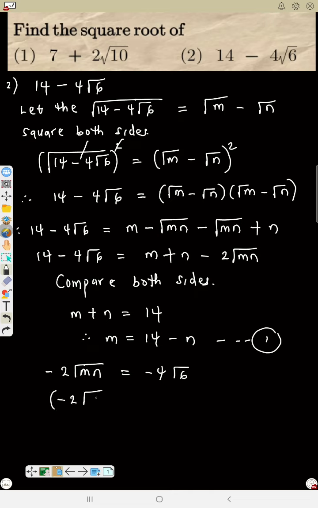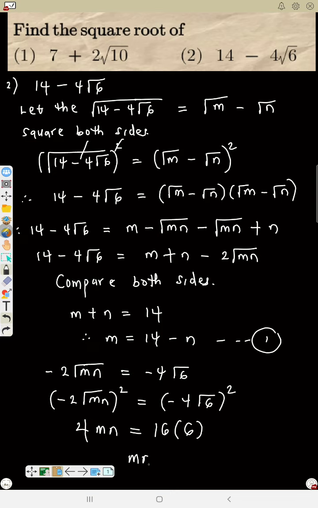We have minus 2 root mn squared equals minus 4 root 6 squared. Now this square will affect everything here, so minus 2 squared will be 4. So that will be 4mn, this cancels out this, equals minus 4 squared, that will be 16, then times 6, because this will cancel out this.